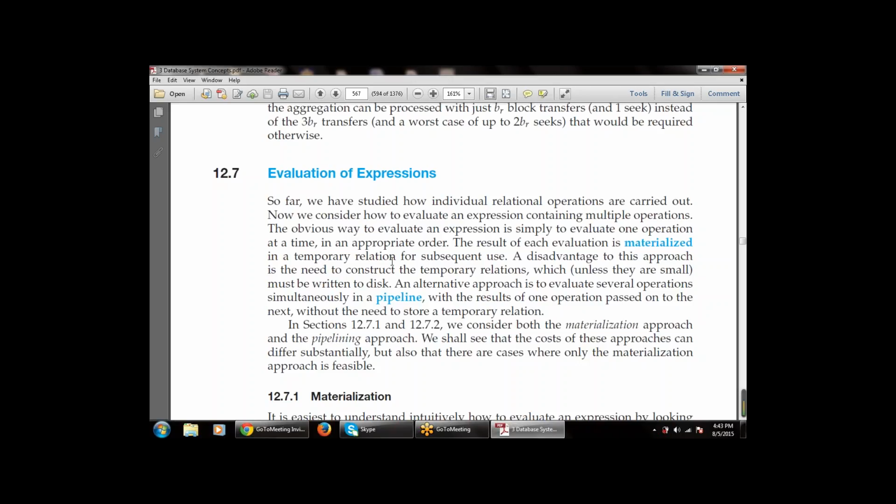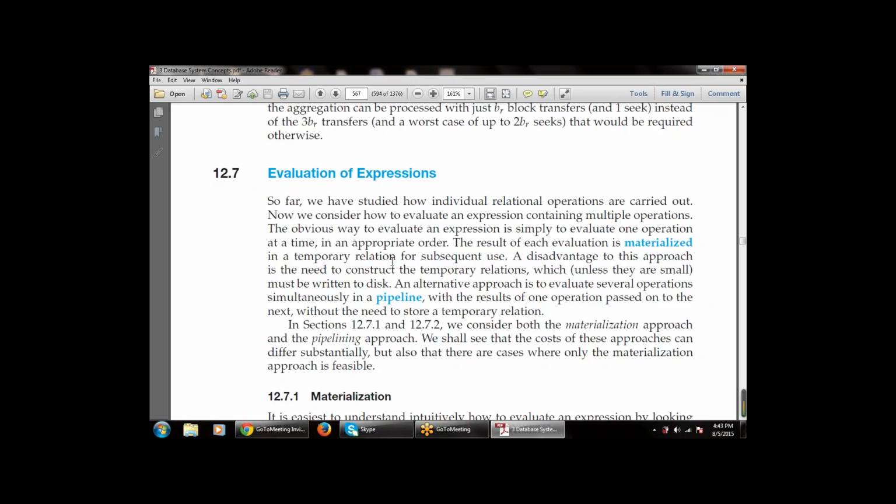That is, not each and every operation will be carried out with a separate temporary location, but we evaluate several operations simultaneously. This is done in pipelining, with the results of one operation passed to the next.